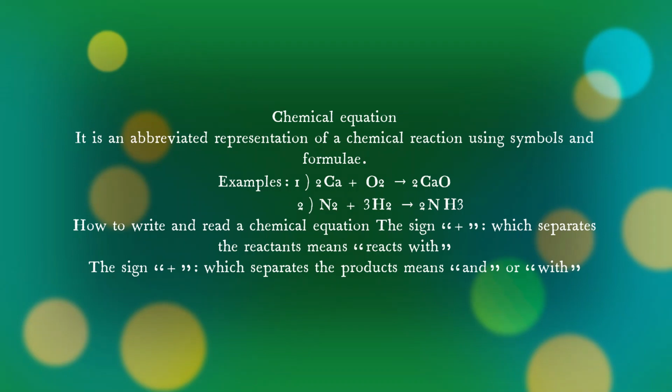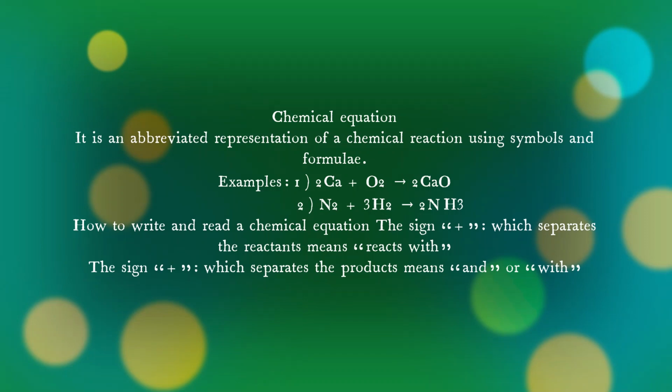During a chemical reaction, reagents are transformed into another substance called the product. We have raw material, which is considered a reagent or reactant, and the product is the substance formed.